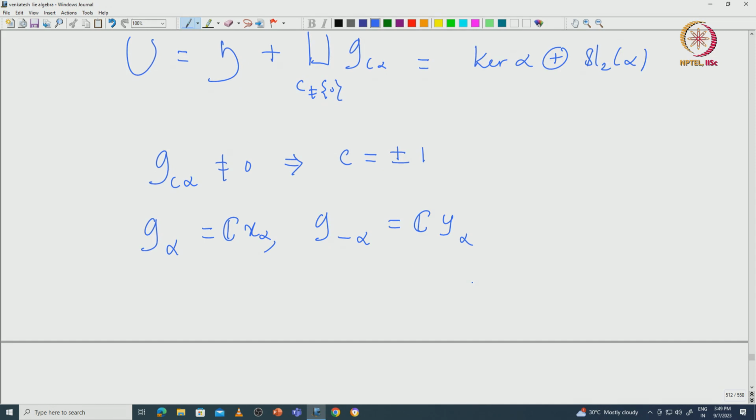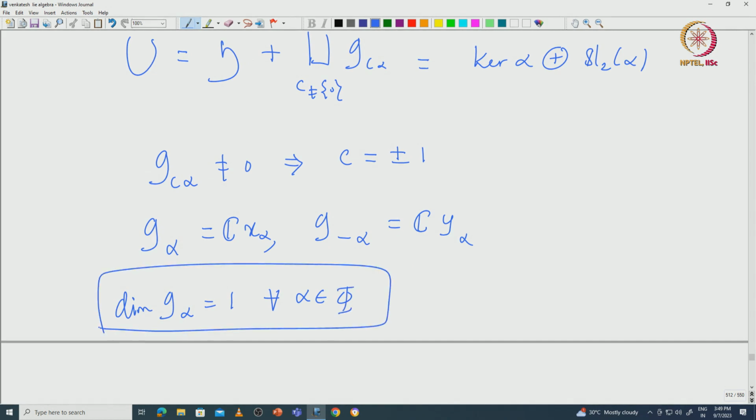So, that means the dimension of G alpha is 1 for all alpha in phi. That is what it proves. And not only that, if alpha is in phi and C alpha is in phi for any non-zero complex number C, then we get that C must be either plus or minus 1.